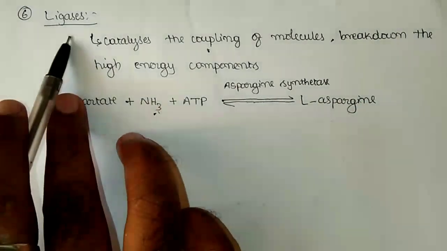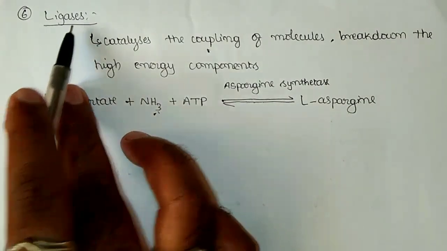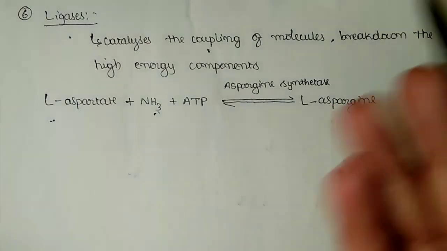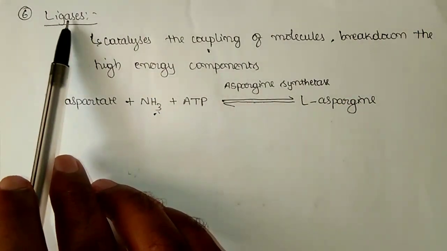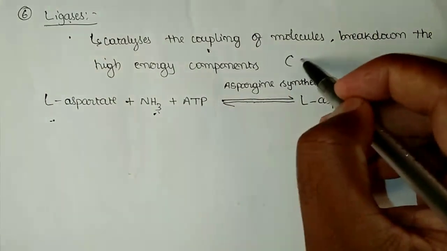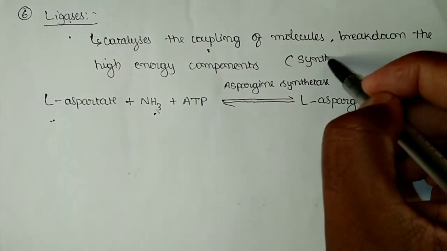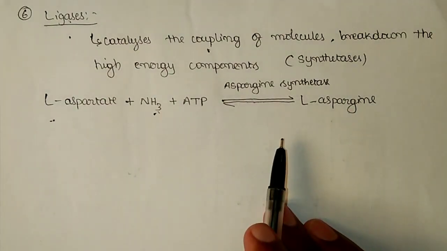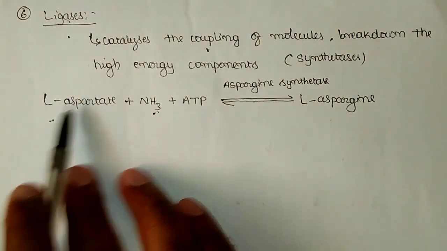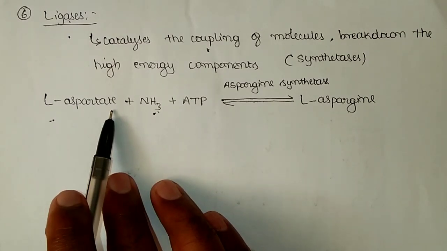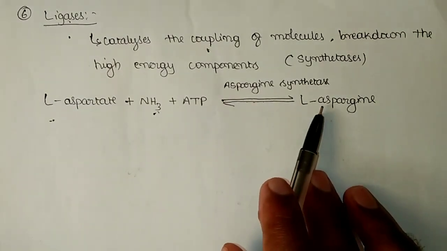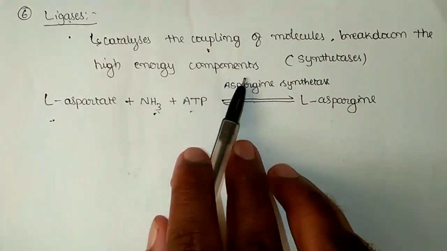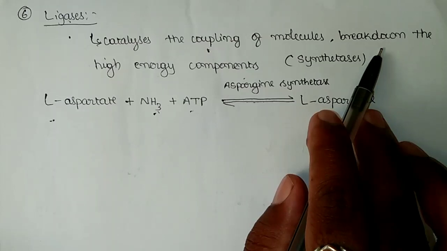So since with the usage of ligase enzymes it is possible to synthesize new biological components, the required ones, that's why ligase enzymes are also called synthetases. Ligases are also called synthetases. Since in this example we can observe that from L-aspartate we are synthesizing L-asparagine, and here we said the high energy components are supposed to get broken down, right?